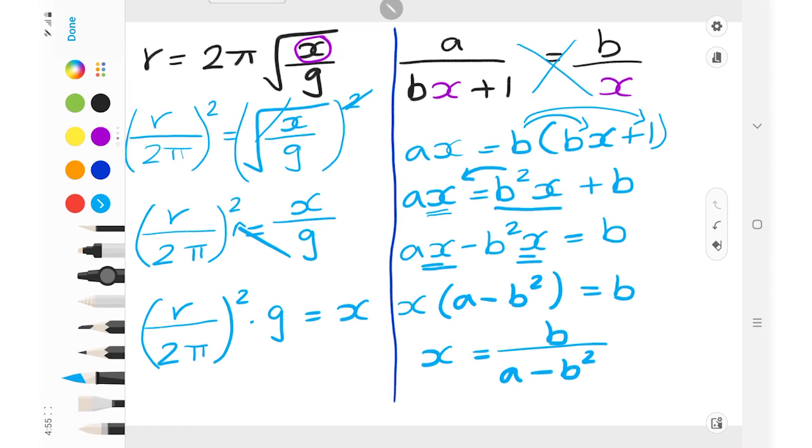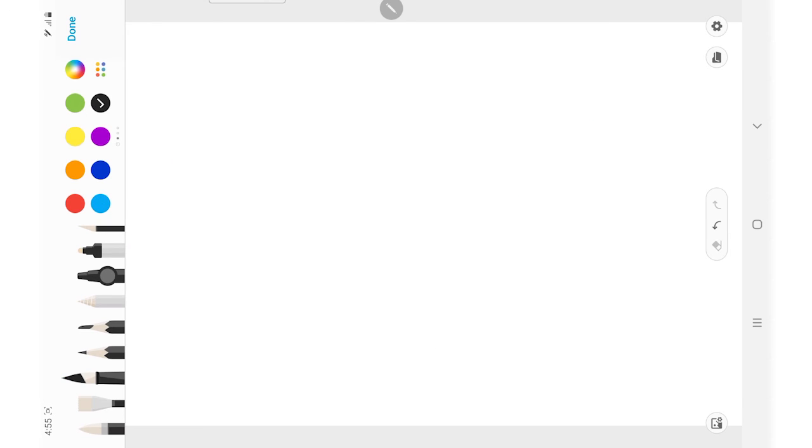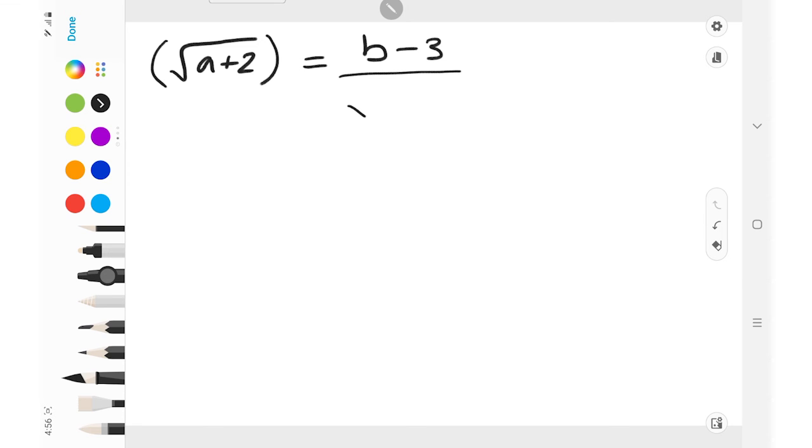So we'll do another one. Okay, now we will take square root of a plus 2 equal b minus 3 over square root of a minus 2. I want to make a the subject of the formula.